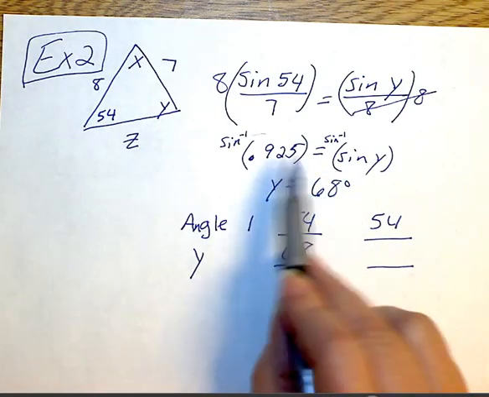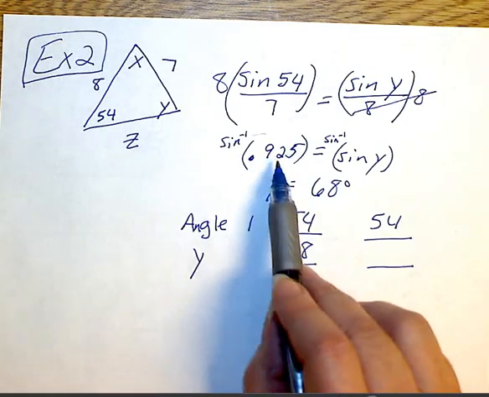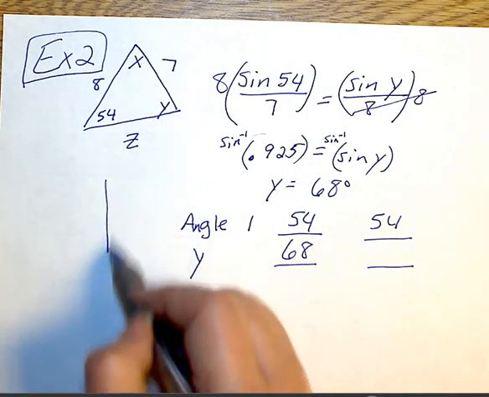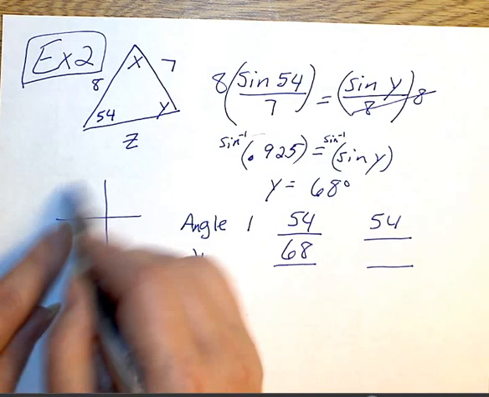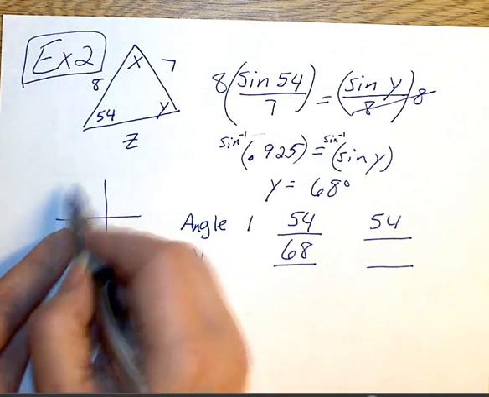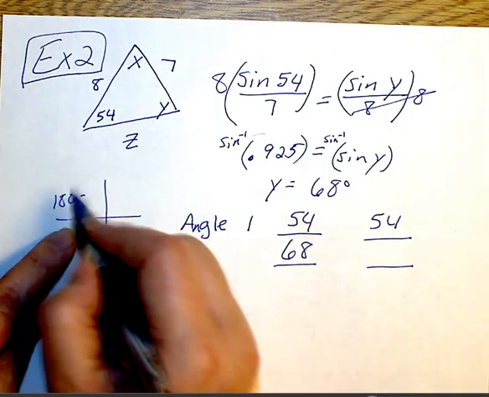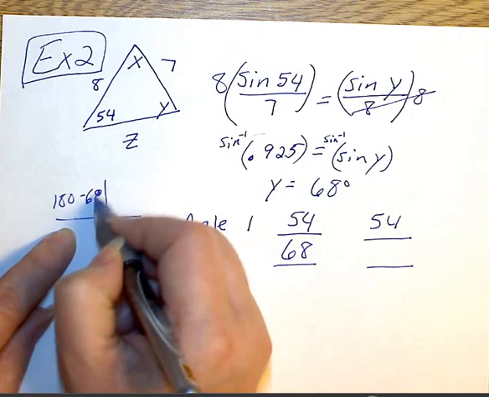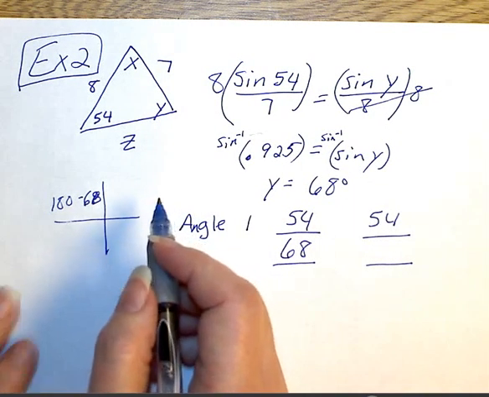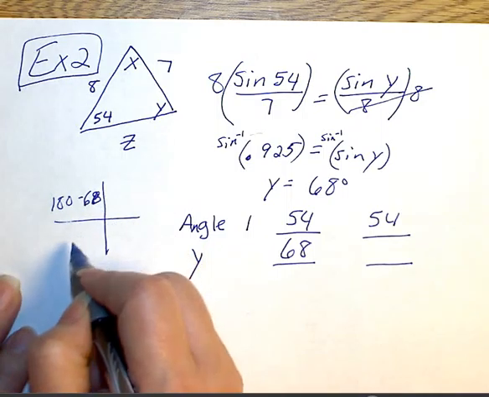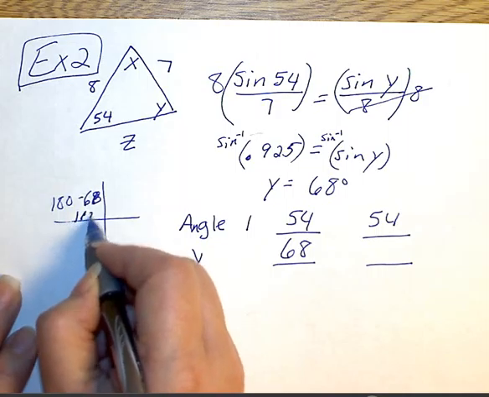Is it positive or negative that we're looking for? Positive. So where else is sine positive? Second quadrant. What is this? 180 minus my theta, which is my 68. So that means 180 minus 68 gives me 112.